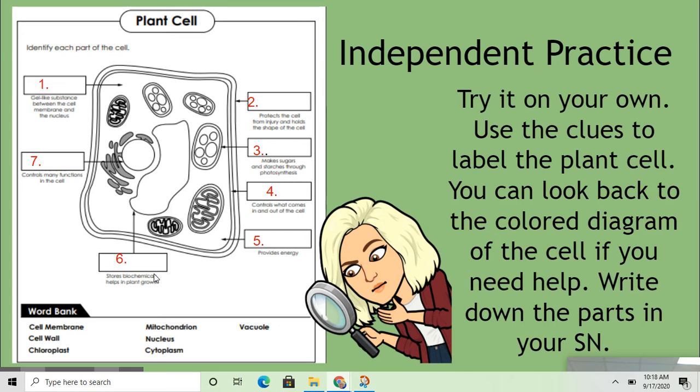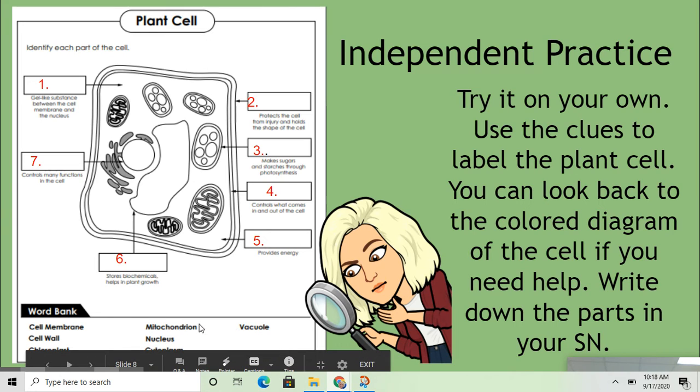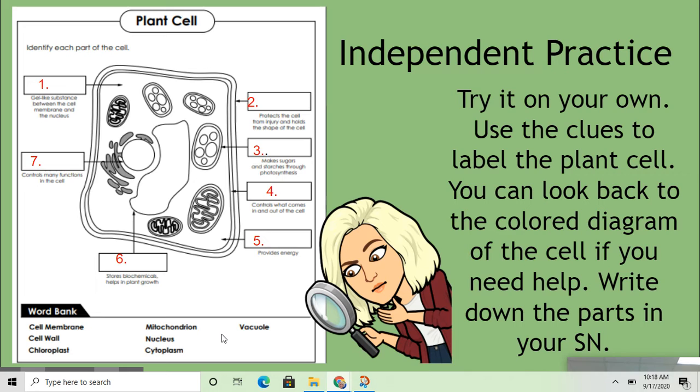I know they're new words, and I also know that they're big words. But the good news is the words are all right down here in the word bank for you. So this is my expectation. In your notebook, I should see correctly spelled words because they're right there in the word bank.